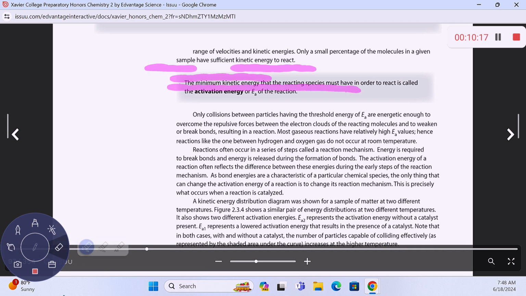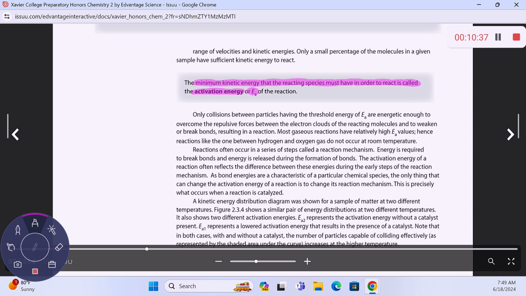Don't assume that all collisions have enough kinetic energy to react. The minimum kinetic energy that reactants have to have when they collide is known as the activation energy, which we saw in the graph in the previous section.